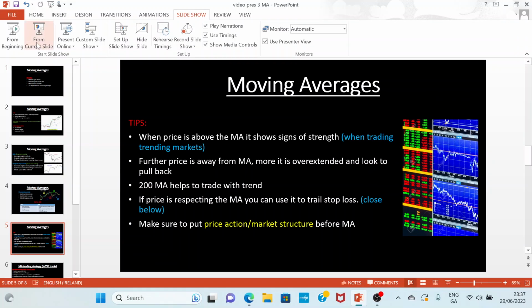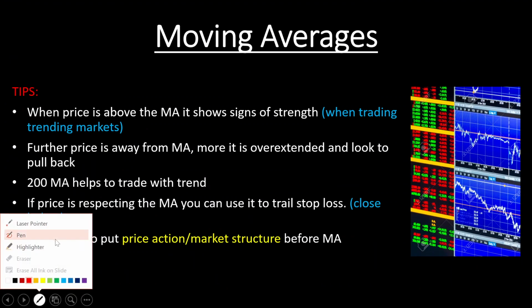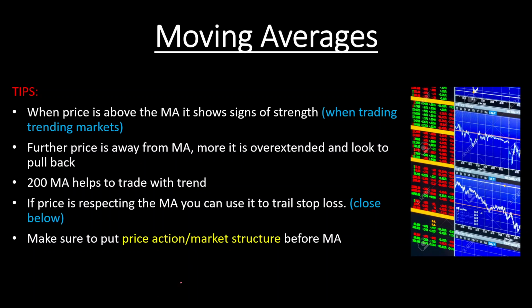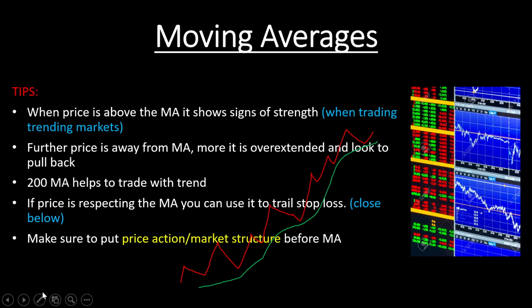Because generally, when you're trading with a moving average, if the price is in a trending market like this, the moving average would tend to stick close and follow this trend.